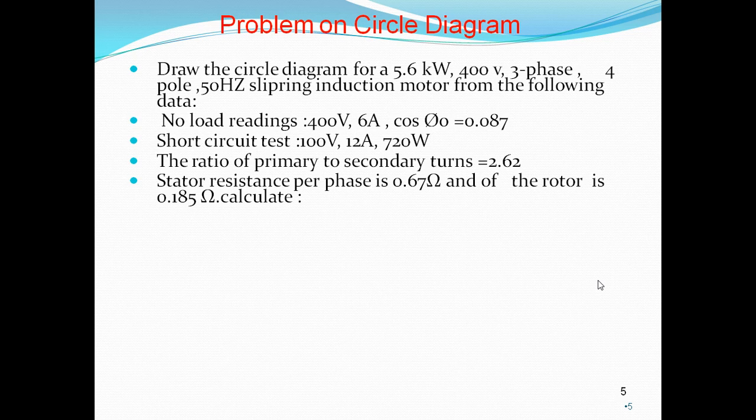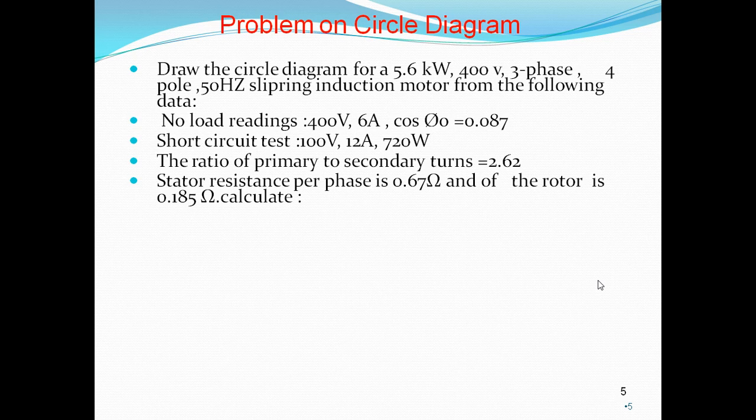In the no load test, as the secondary is open circuited and rotor current is 0, the no load input is equal to the constant losses, that is, friction and windage losses and core losses of the stator.